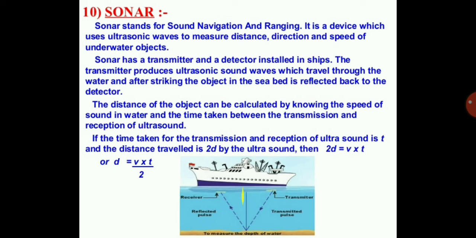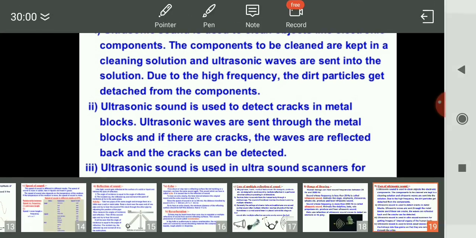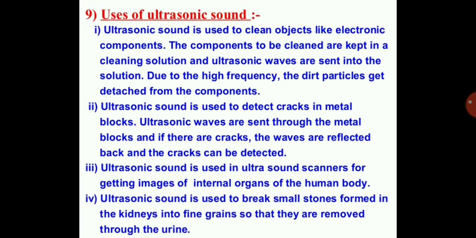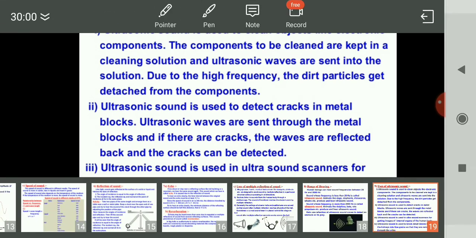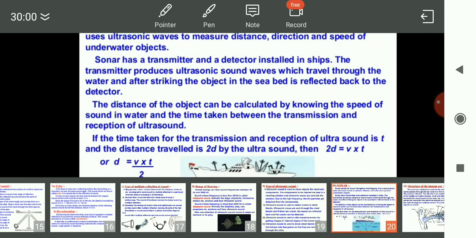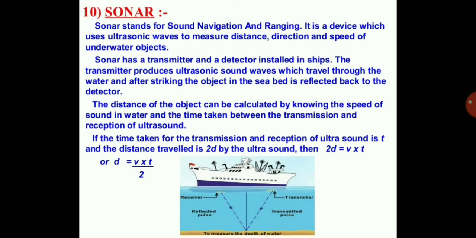See in the picture, they travel to the bottom like this, and when they strike, they spread, they get reflected, and it gets reflected to the ship. And then they come to know that there is some obstacle in their way.